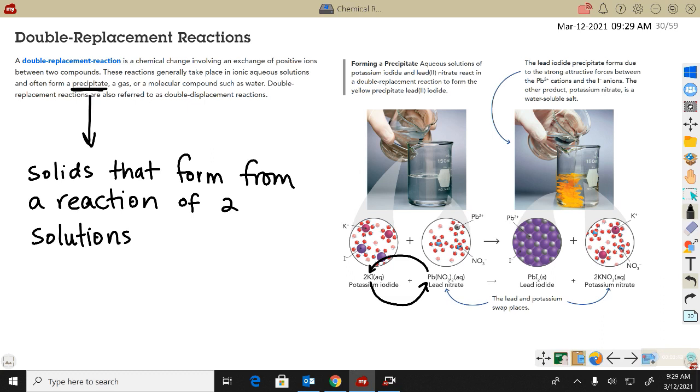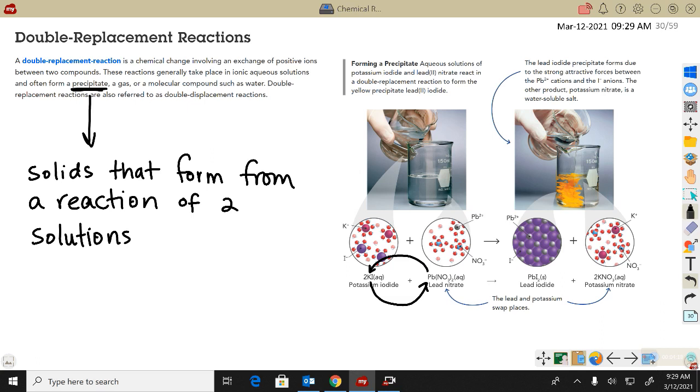Now notice that the formulas are a little different. When potassium was with iodine, it was a 1-to-1 ratio. Now on the product side with lead and iodine, it's a 1-to-2 ratio. Whenever you make a switch, whether it's a single replacement or a double replacement, switch the ions or the atoms, but then whenever you make a new combination, you've got to check the charges.